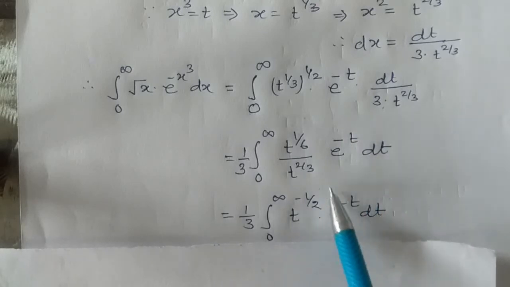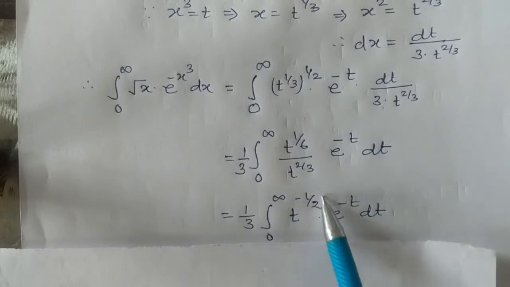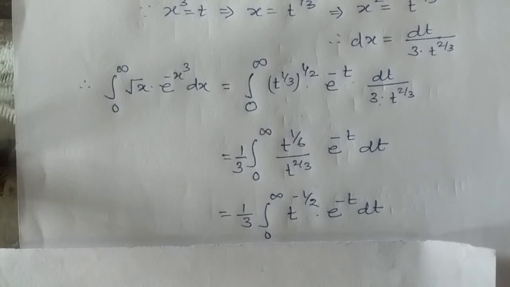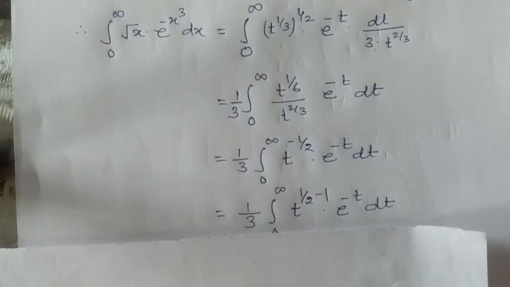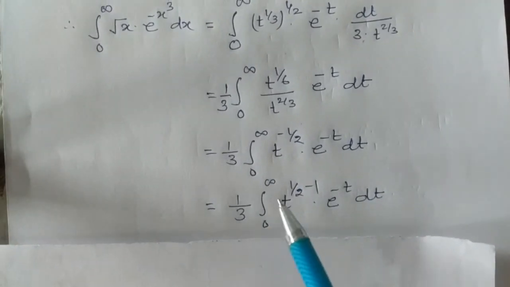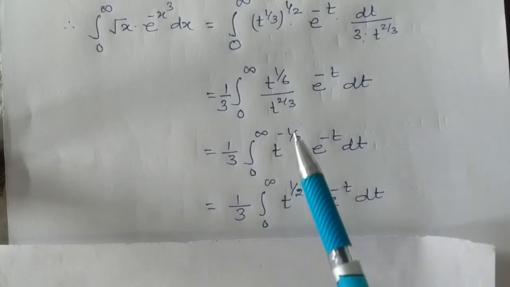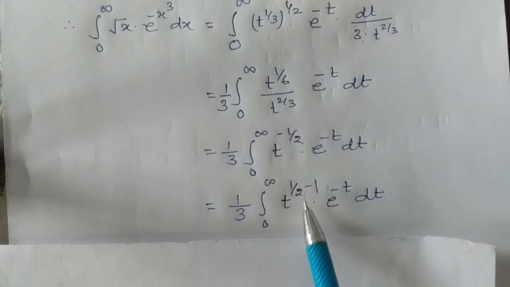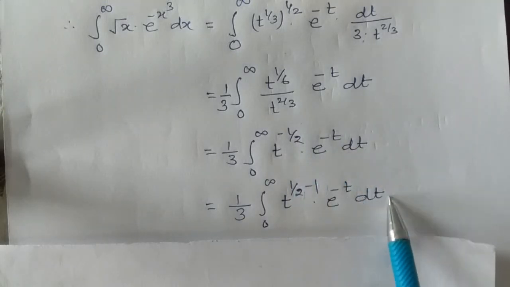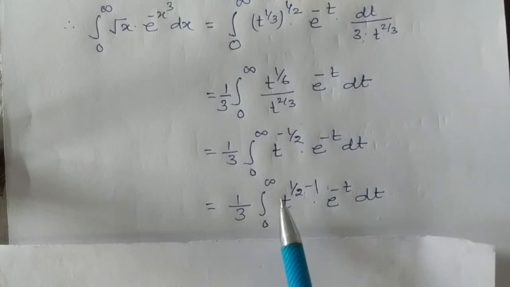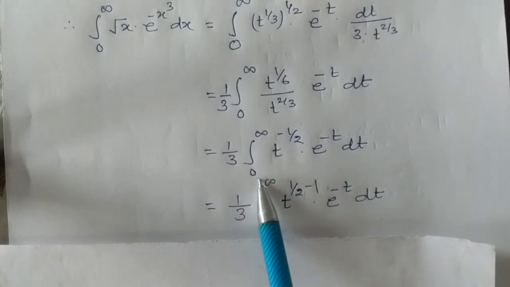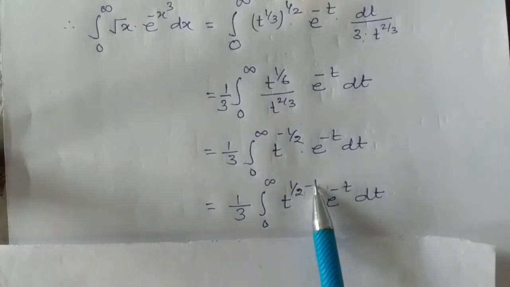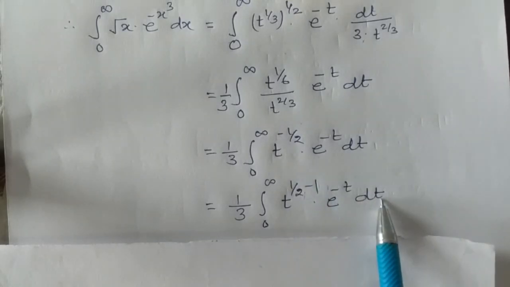Now this minus half we can express as 1 by 2 minus 1. So we have 1/3 into the integral from 0 to infinity of t power 1 by 2 minus 1, which is negative half, into e raised to minus t dt. Now this integral is what? This is the gamma function, the integral from 0 to infinity of x power n minus 1 e raised to minus x dx.